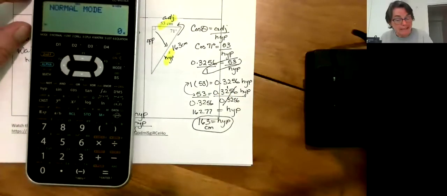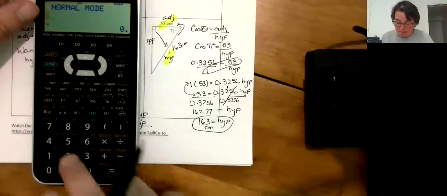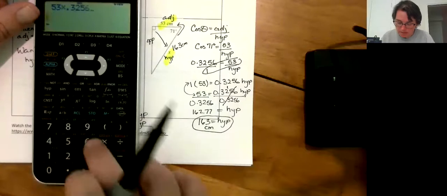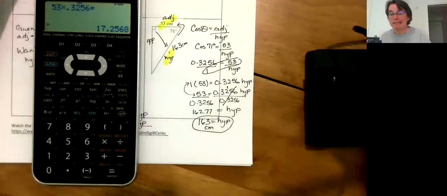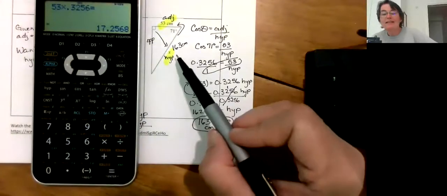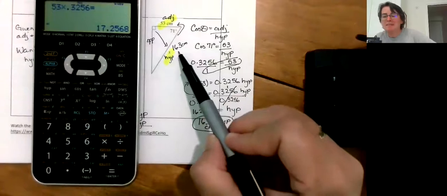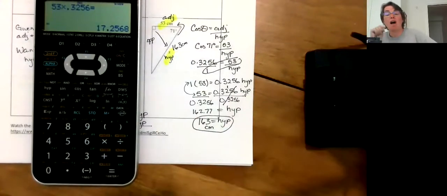You didn't listen, you didn't write out the formula, you're kind of lost. What happens? We go 53 times 0.3256. You get 17. If you do that, if this represents 53, I'm hoping you can see there's no way that's going to be 17. Your hypotenuse has always got to be the longest line, longest side in a triangle.